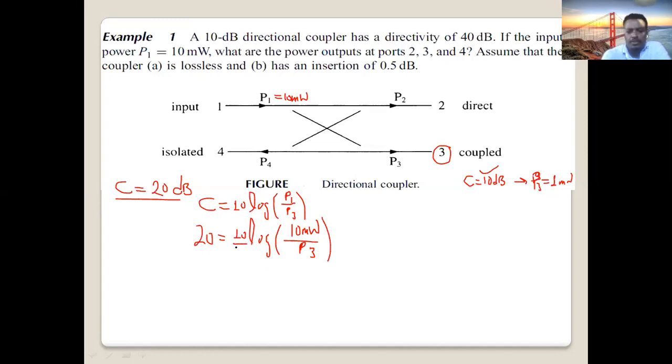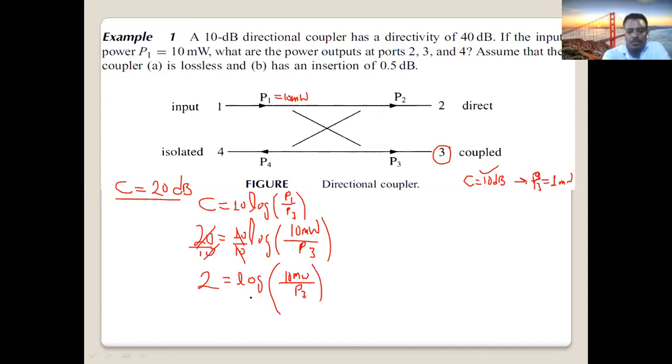Now divide both sides by 10 to cancel this 10. So this will be how much? 20 divided by 10 will be 2. This will be logarithm of P1 divided by P3. We know P1, 10 milliwatt. We don't know P3.